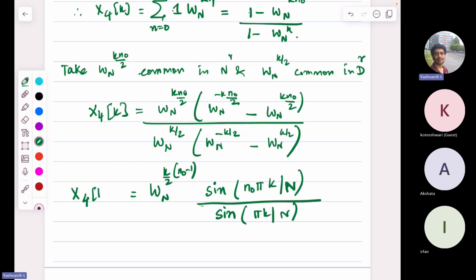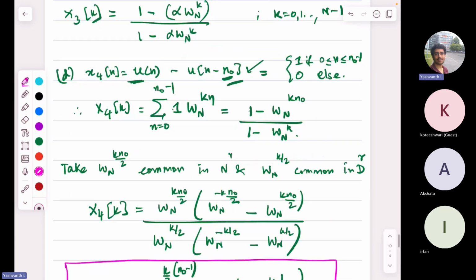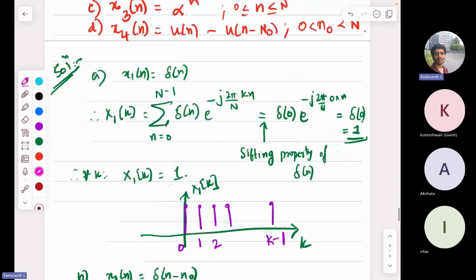I think these kinds of relations we have already derived in our previous classes, for k equal to 0, 1, and so on till N minus 1. Okay, so that was about the third question.